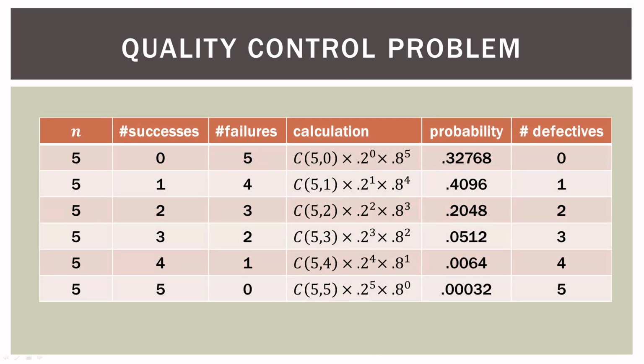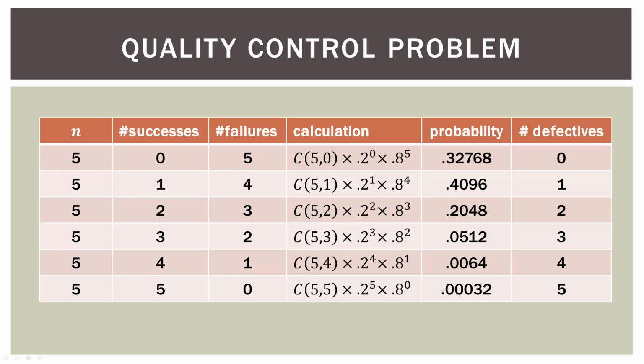So now, what if we do this for each possible number of successes? So remember, we can have 0 successes or 0 defective products. We could have 1 success or 1 defective product when we do that experiment, 2, 3, 4, or 5. So all we do is change the numbers in that formula. So you can see in the calculation column we have 5 choose 0 and 5 choose 1, 5 choose 2, because that's the number of successes. And then the exponent above 0.2 changes, because that's p, that's our number of successes.